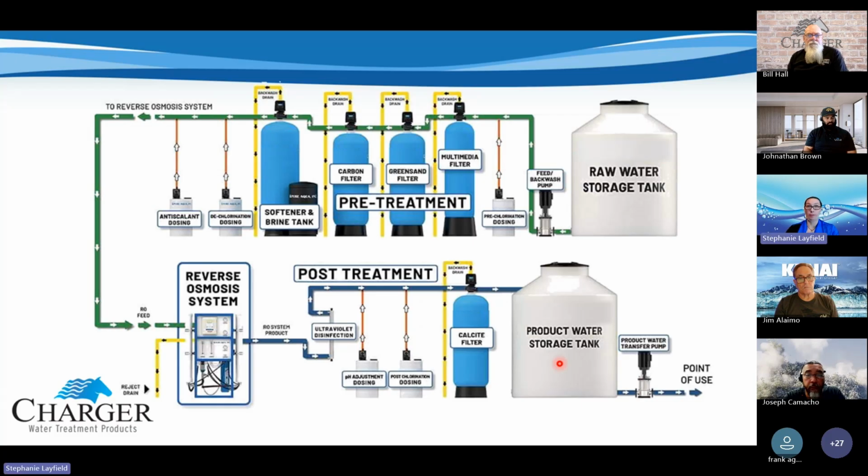Stagnant water grows stuff, so we want to keep that water moving, especially with large tanks like this. So you can recirculate this water, and adding a UV light on that recirculation is an excellent way to keep that water safe and not grow things in it.